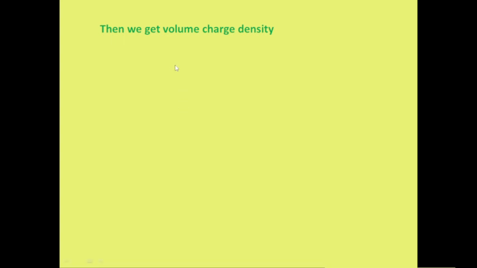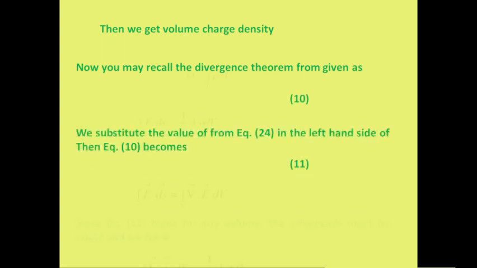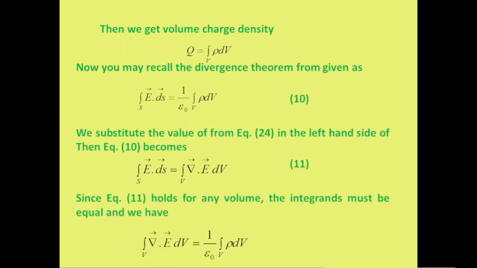Then we get the volume charge density. As we know, capital Q is the total charge, which is equal to the integral of volume charge density rho dV. Now you may recall the divergence theorem, given as integral of E dot ds is equal to 1 divided by epsilon naught, and wherever capital Q is there, you can replace it by integral of rho dV.